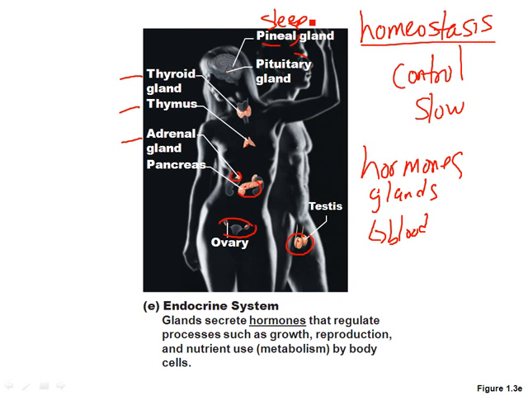Thyroid, that's basically metabolism. You've probably heard somebody be hypothyroid, they're kind of sluggish, or hyperthyroid, they're really revved up. So that's how their metabolism works. The thymus has to do with your immune system. Your adrenal gland makes adrenaline or epinephrine.